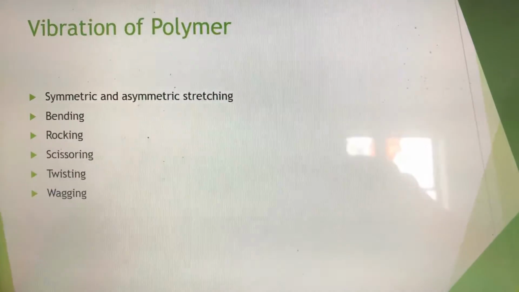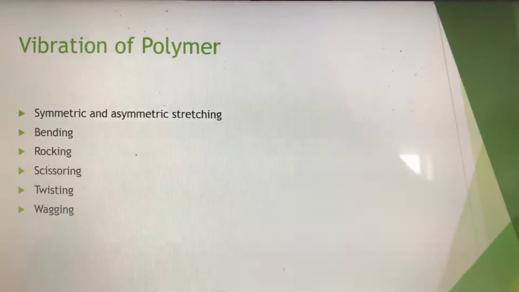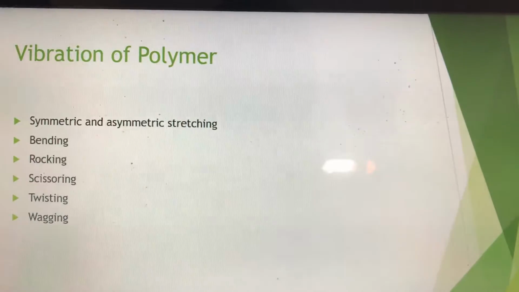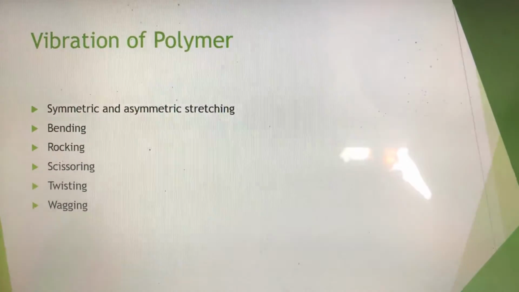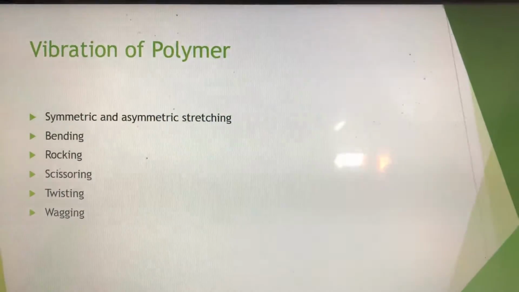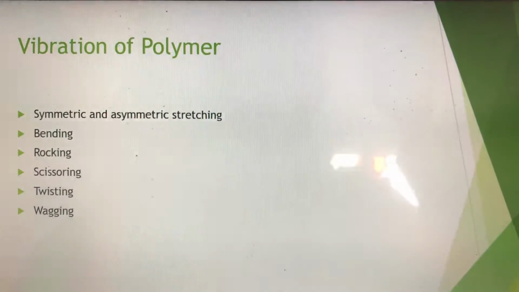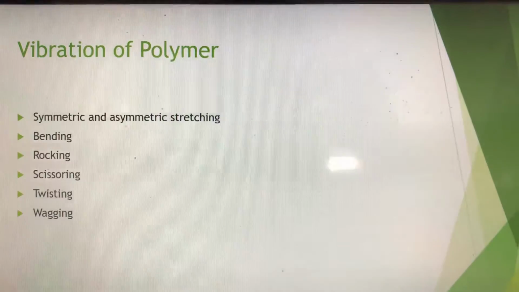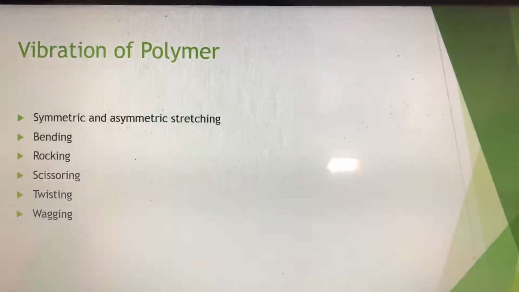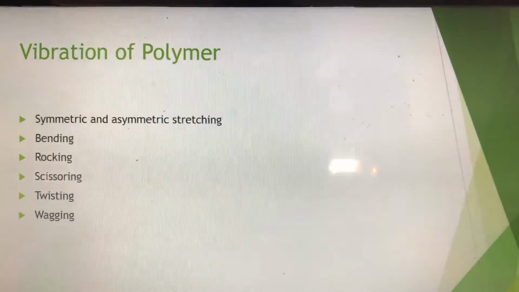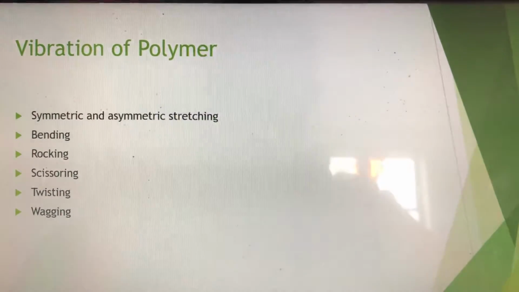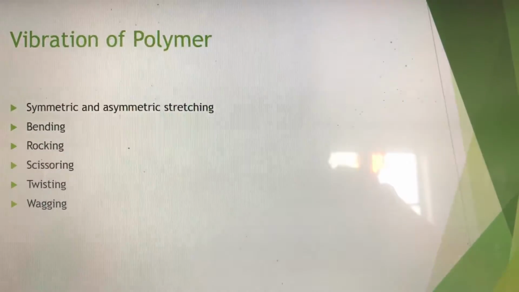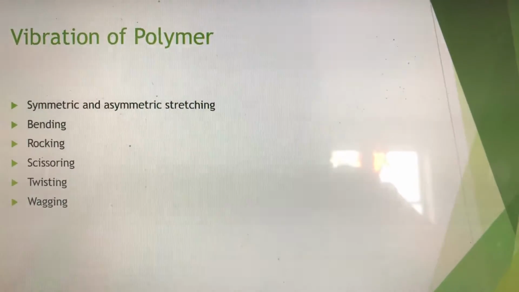During the test, infrared light is shot at your test specimen, and your specimen will usually do one of 6 different vibrational acts. They can be symmetric or asymmetric stretching, rocking, scissoring, bending, twisting, or wagging.